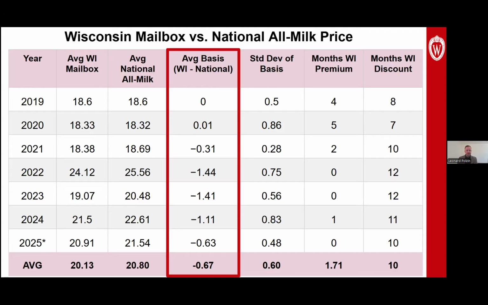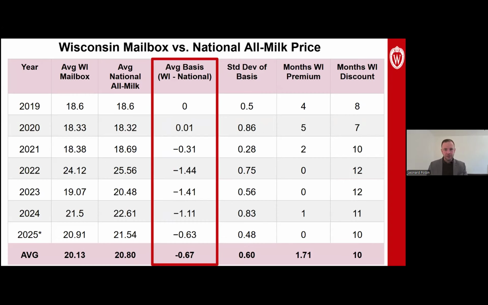So when we take a look at averages over time, in 2025, mailbox for Wisconsin is 63 cents lower. We've been about 67 cents lower over the entire time period. But just keep that in mind, right? That our milk price is lower than all milk price, which, when you think about all the things that go into that, you have different class utilizations, which impact the pricing, as you get to different regions, you would expect that.